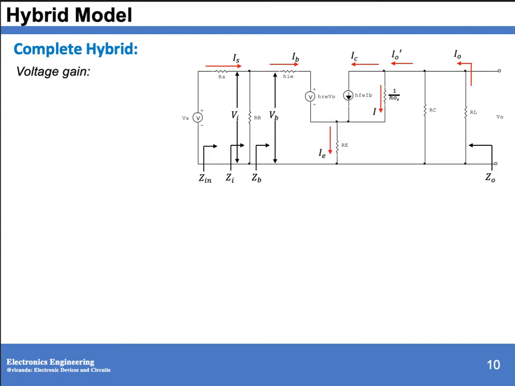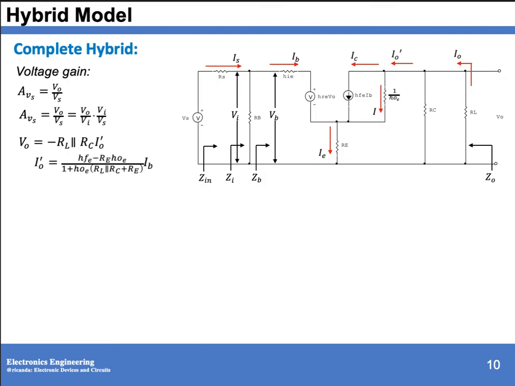For the voltage gain, that is VO over VS. So it can be written as VO over VI times VI over VS. So we have VO equals negative RL in parallel with RC times IO prime. We have already the equation of our IO prime.